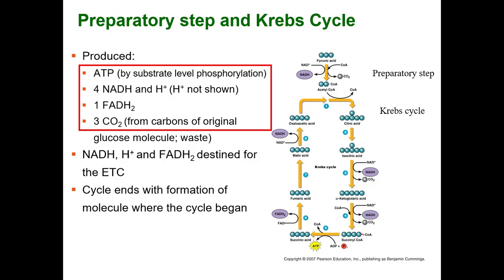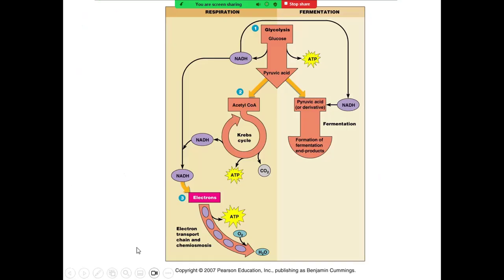All right. So this is once again showing you the overview of respiration compared to fermentation. And we're going to change that to aerobic respiration because that's what I'm talking about, although anaerobic respiration happens to be the same summary. We had glycolysis making some NADH and some ATP.